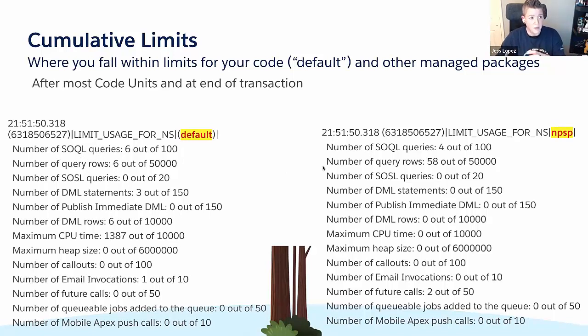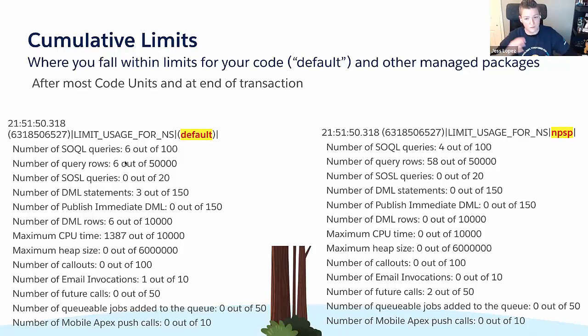Then for any other managed package that's installed and running in this transaction, you would have a section for those, because certified managed packages have their own sets of limits, which is pretty cool. So you'll see here NPSP ran in this org as well, and there were 4 queries that returned 58 rows. And in my unmanaged code, I had 6 queries that returned 6 rows.